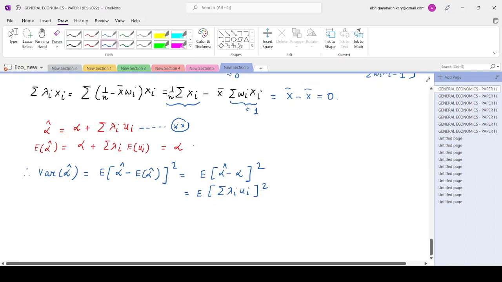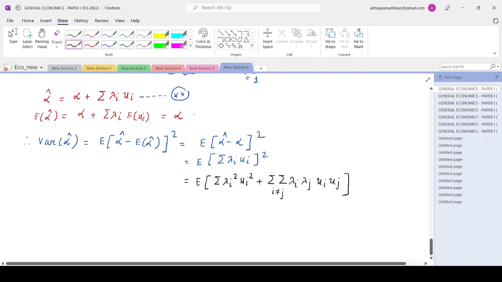So now, again, in exactly the same way in which we expanded the earlier one, this will be the expectation of summation lambda i square u_i square plus double summation i not equals to j lambda i lambda j u_i u_j. And so the expectation operator will be going over only the u_i terms.